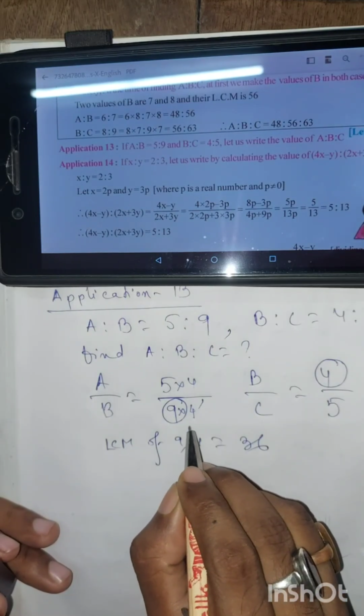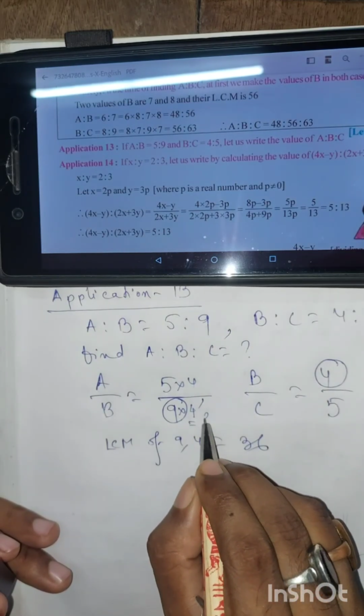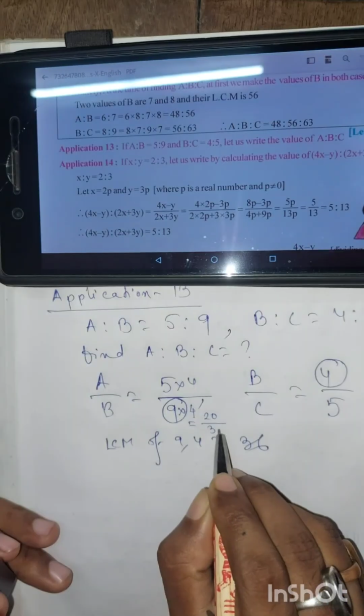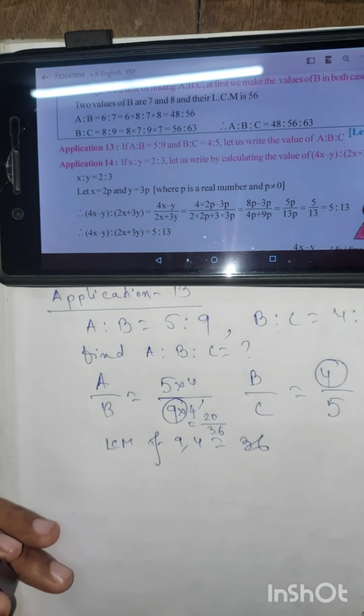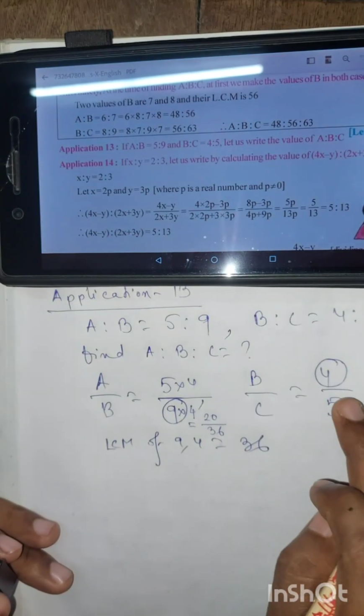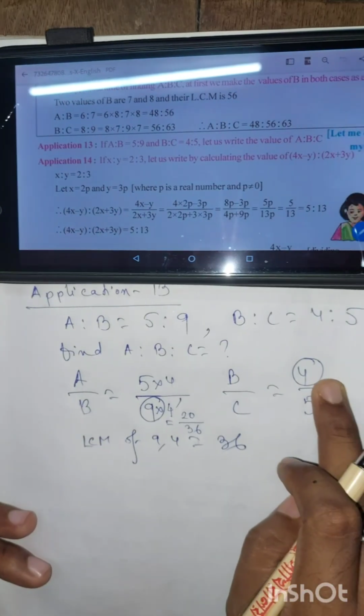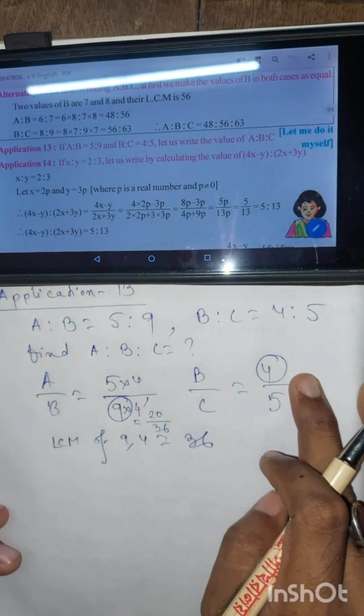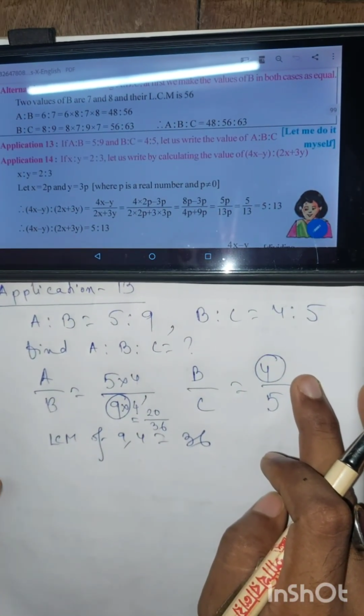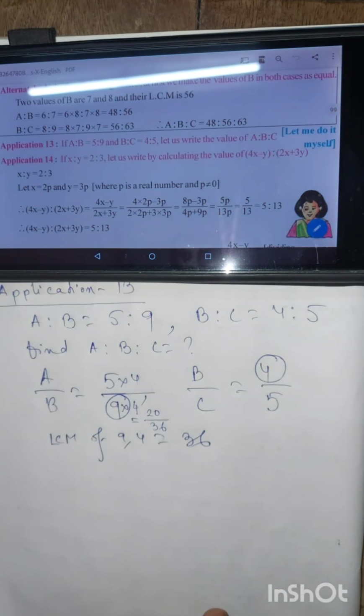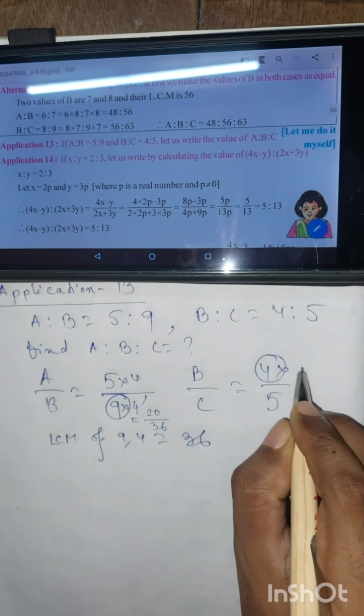Now the ratio is same as the previous ratio. So equal to, and we need to make 4 into 36. So we need to multiply it by 9.